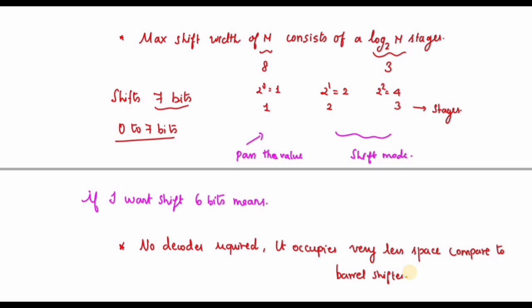So the barrel shifter is used in smaller circuits, whereas this logarithmic shifter is used for larger values.